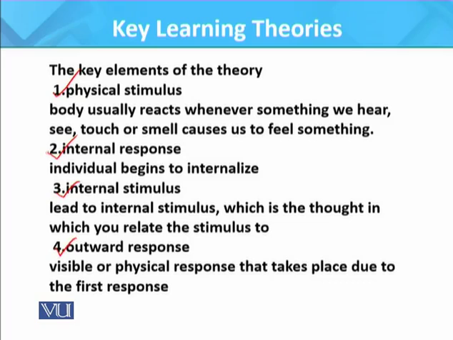Now that outward response is a physical or quite visible response that takes place due to the first response. So these are the key elements of the theory which constitute the very mechanism of the mediation process.